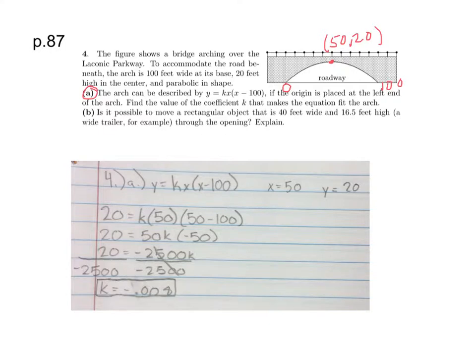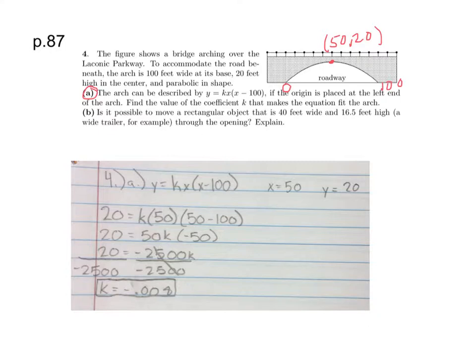So I just wrote it down there, and I plugged these in there. Why did you plug those in there? Because x is 50. And why is x 50? Because it's halfway between the 100.